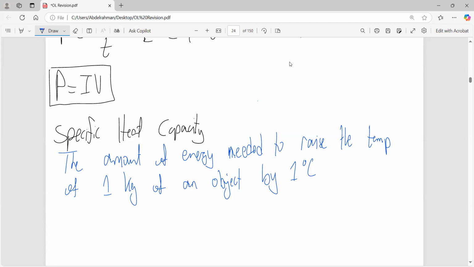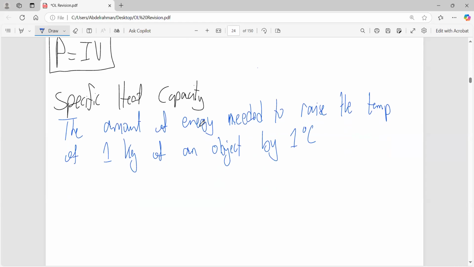If I am increasing the temperature of the air today, instead of it being 15 degrees Celsius, it became 16 degrees Celsius, in kelvins it would also increase by 1. So the amount of energy needed to raise the temperature of 1 kilogram of an object by 1 degree Celsius.